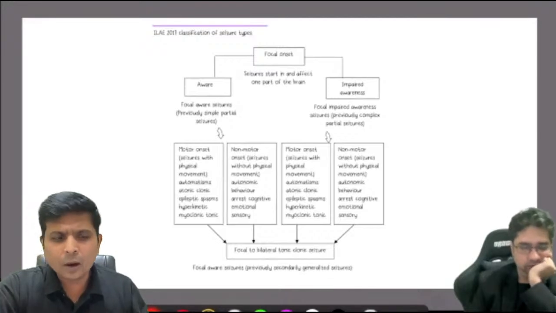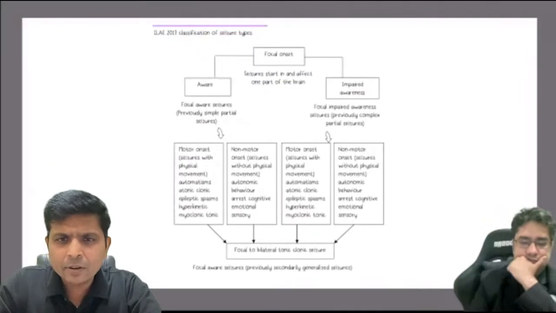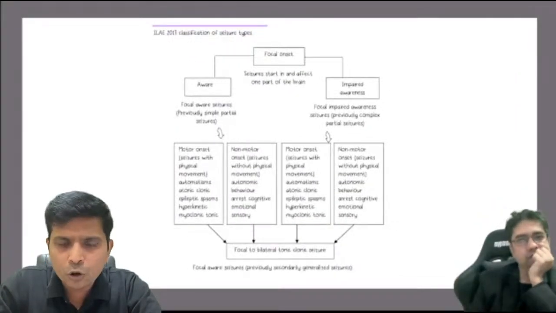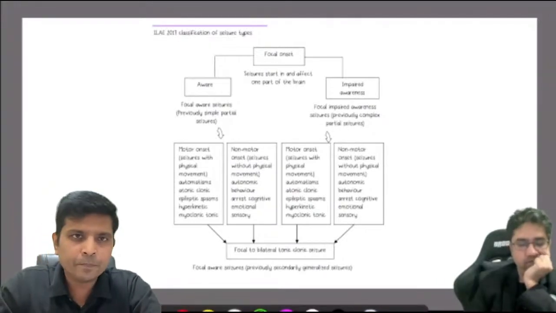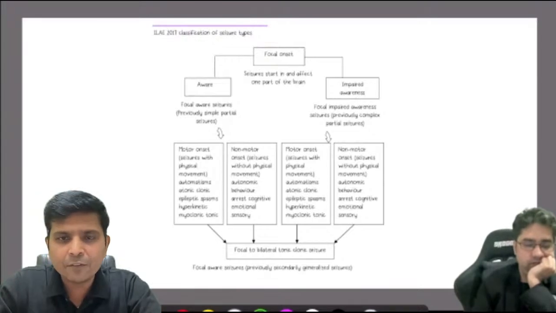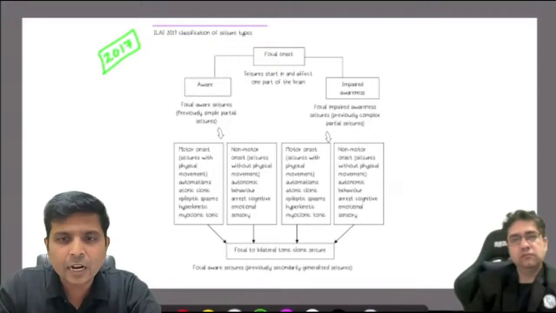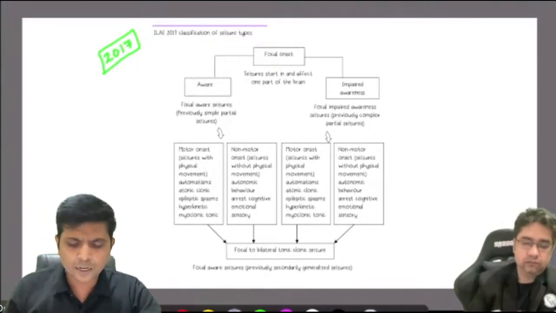Okay, now we all know that previously we had simple febrile seizure, complex febrile seizure, so many things. But by 2017, the European guidelines for epilepsy management had classified seizures based on two things. What are the two things it was based on?